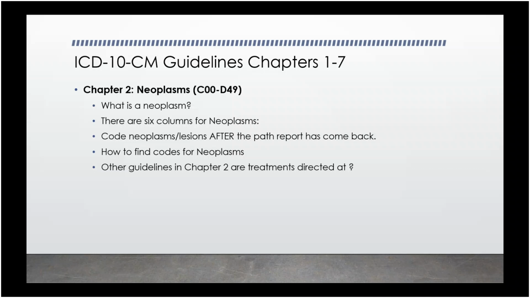So metastatic breast cancer would be saying that primary breast cancer has spread to another area, whereas with breast cancer metastasized to, the metastasis again is the second listed, so the other area. So it metastasized from the breast to the lung. Breast cancer is our primary, and lung would be our secondary.